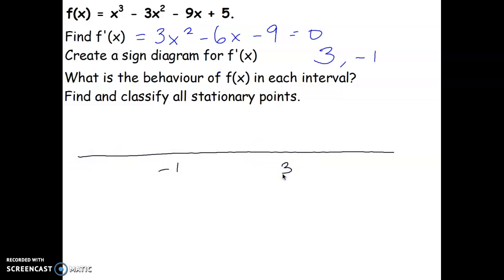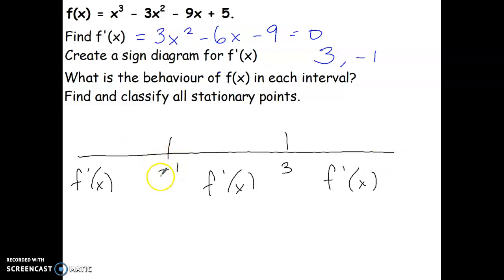I know both of those exist. Those are not asymptotes, so I can put solid lines on both of those. And now what I need to determine is whether the derivative is positive or negative in each of these three intervals. So the way I'm going to do that is I'm going to pick a number in that interval and I'm going to test it.